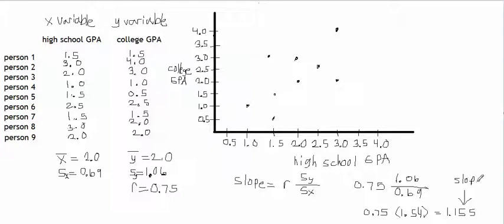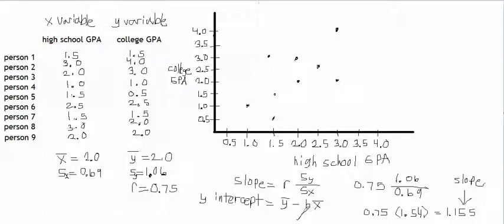A straight line also has a y-intercept, and the formula for a scatter plot is the mean of the y values, which is y bar, minus the slope, which is actually the letter b that is used for the slope, multiplied by the mean of the x values, which is x bar.